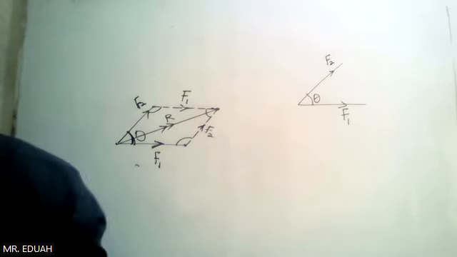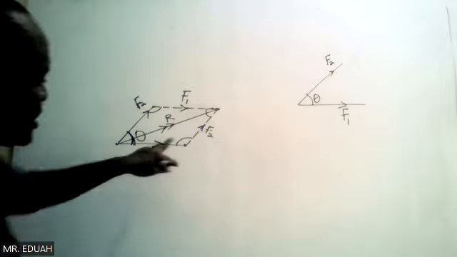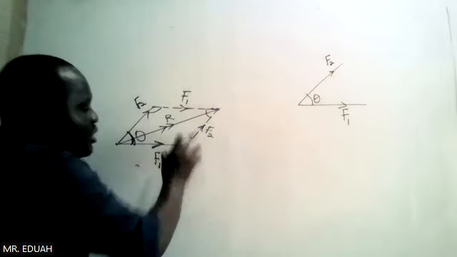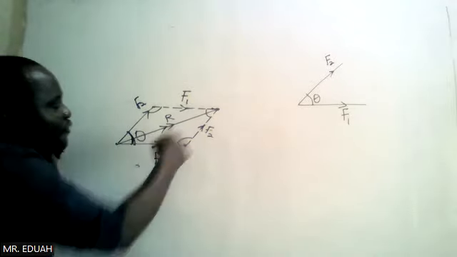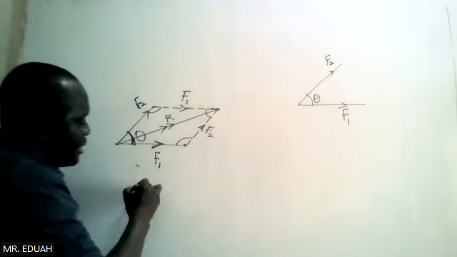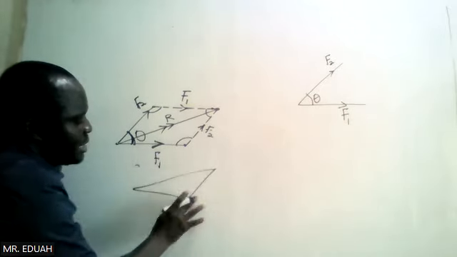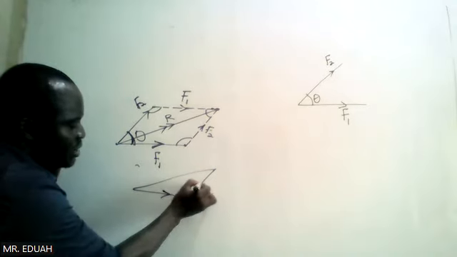Now, how do we determine R, which is the resultant? If we look at either up or down, when you look at the downside, this also follows this triangle here, also obeys the triangle law of vectors. This is going here, this is going here.